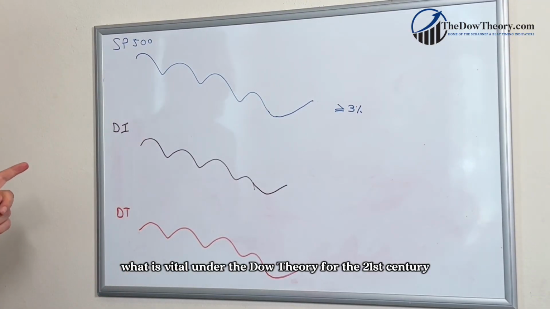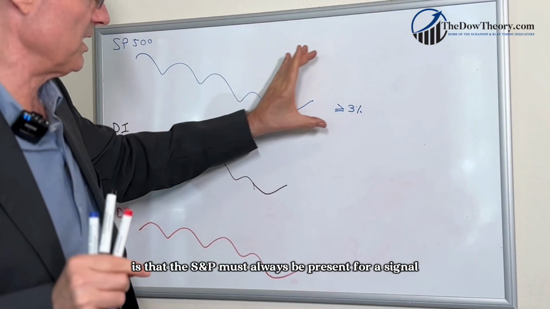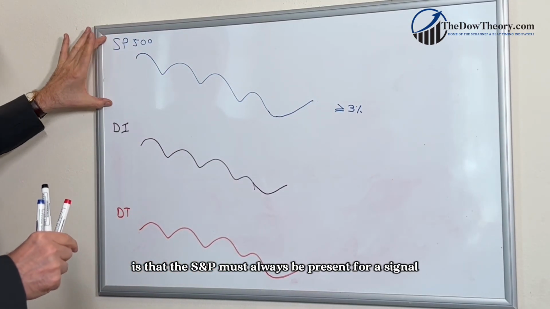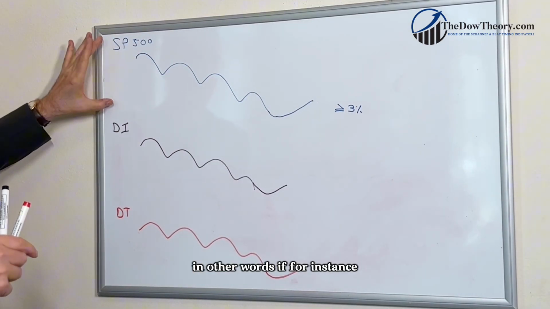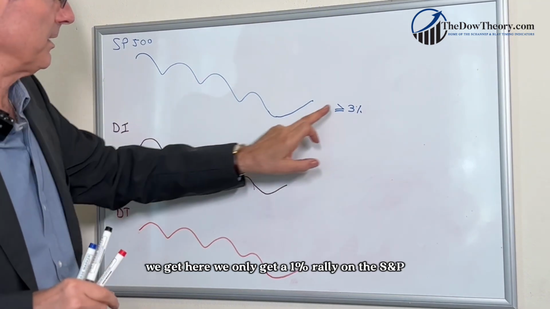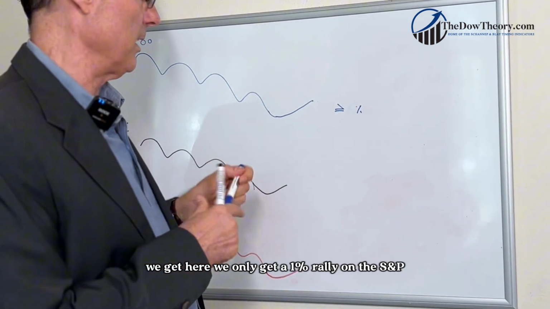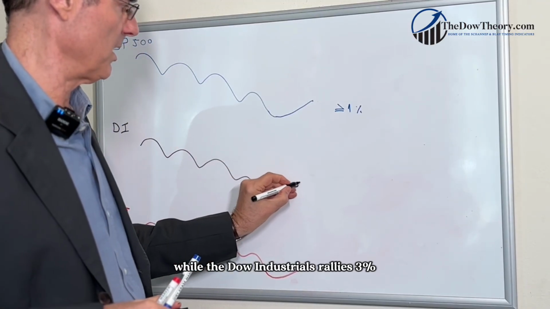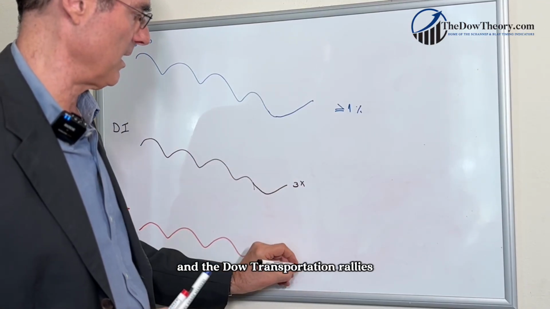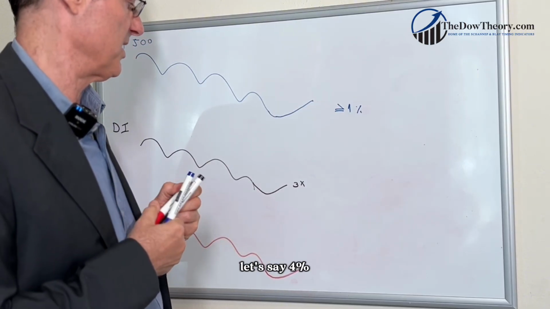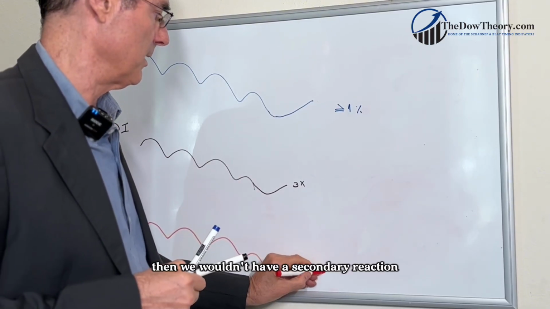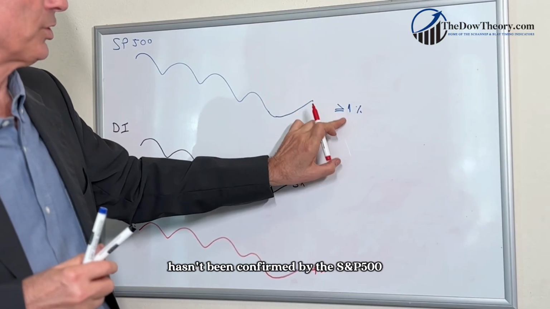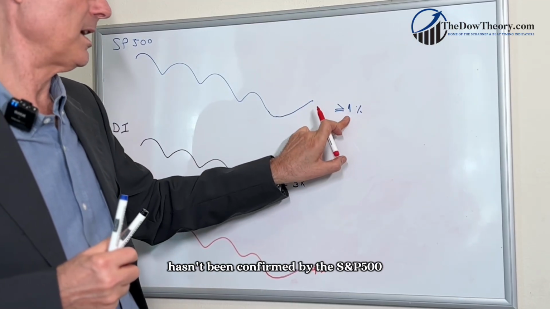What is vital under the Dow theory for the 21st century is that the S&P must always be present for a signal. In other words, if, for instance, we only get a 1% rally on the S&P, while the Dow Industrials rally is 3% and the Dow Transportation rallies, let's say, 4%, then we wouldn't have a secondary reaction because the extent requirement hasn't been confirmed by the S&P 500.